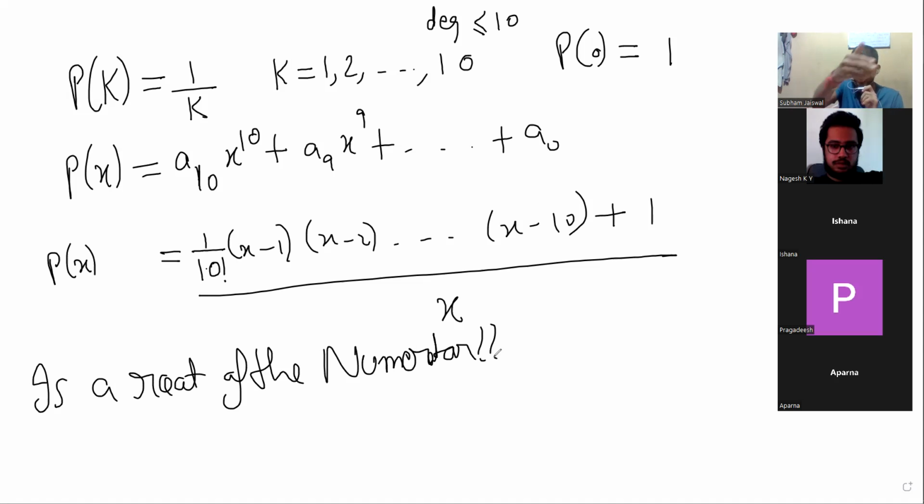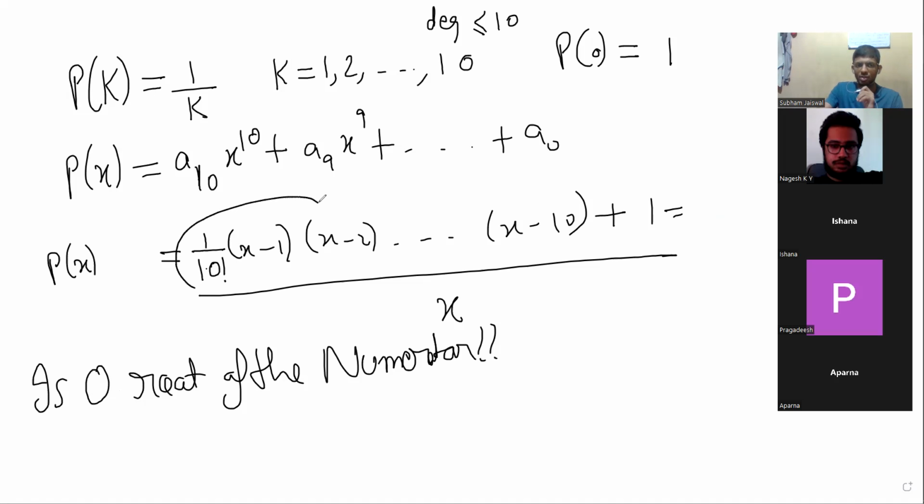Just substitute x equal to 0 in the numerator and see if the numerator vanishes. I mean, is x a factor of the numerator is what I'm asking, right? That's the same thing as asking is 0 a root of the numerator. Is the numerator equal to x times a polynomial? That's the same thing as asking if 0 is a root of the numerator, right? And so you put x equal to 0 and check if the numerator vanishes, and it does, right?